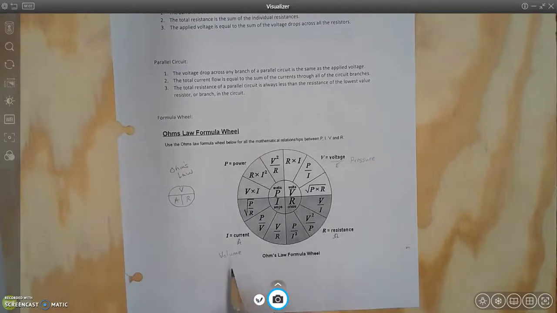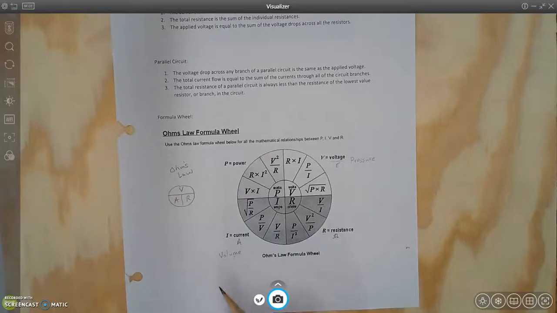Amps is the volume. So the amount of electrons passing a point in a given time. Usually this is per second. To get 1 amp of current, a certain number of electrons have to pass a point in any given second. And it's a really big number. I can't remember what it is right now. It's billions of billions.